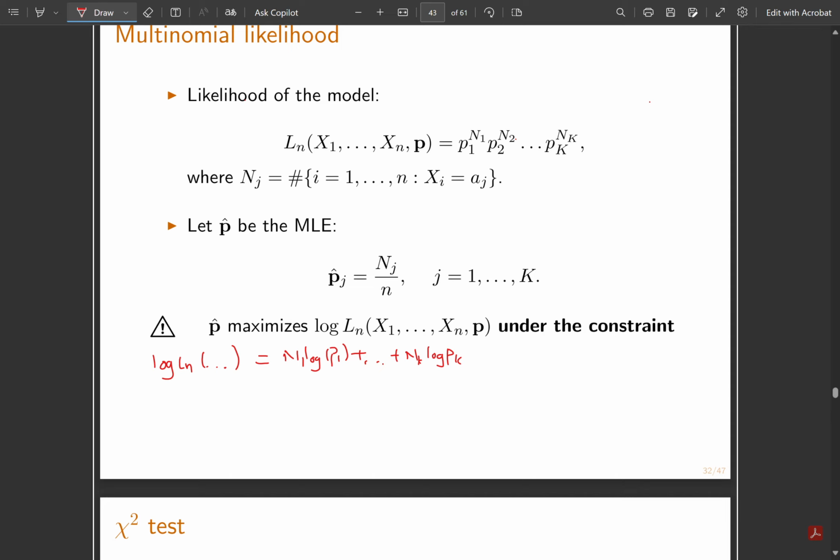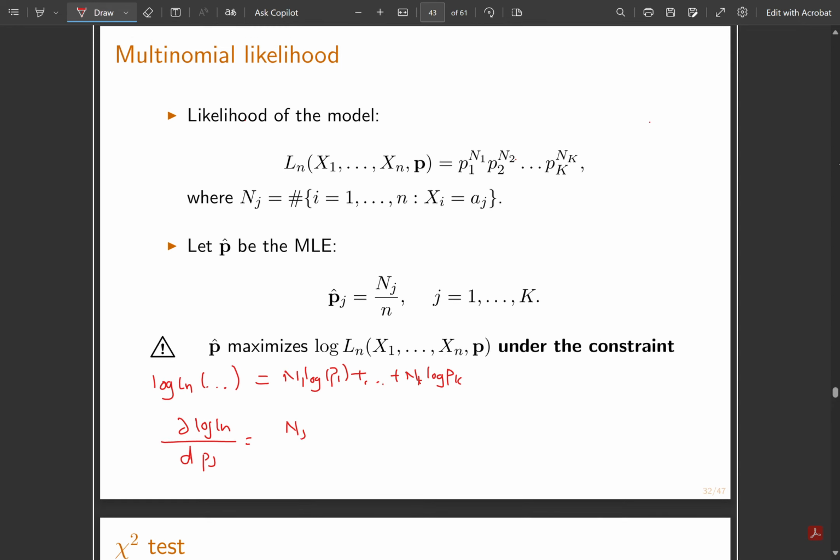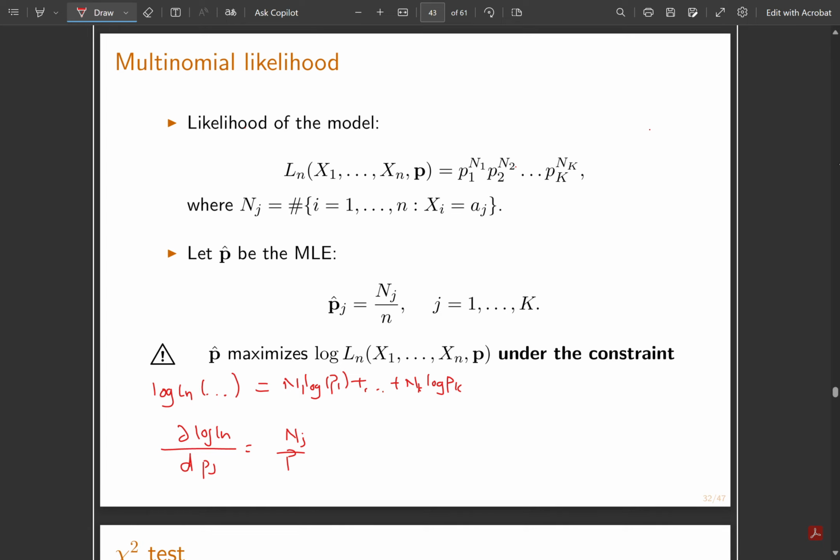We should take the derivative of this and set it to 0 to compute the maximum log likelihood, and we'll take the derivative against the pj term. The derivative of log L against the pj term will be nj divided by pj, and we set it to 0.